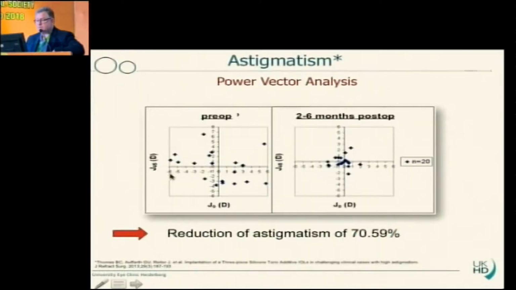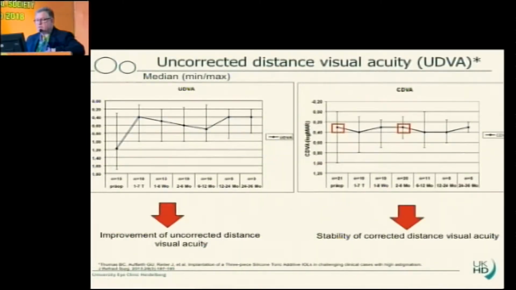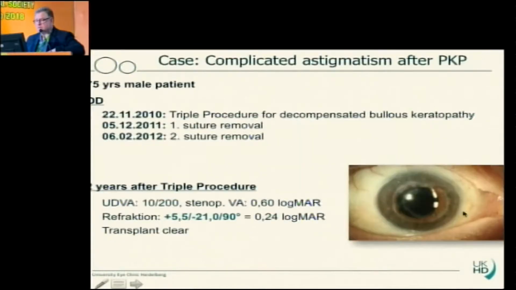And you can see already here, if you just look at the distribution, that in these complicated, even irregular astigmatic cases with an add-on lens, you can cut down almost 70 to 80% of the astigmatism looking at the vector analysis, and the visual acuity goes up and stays stable. We have a 24 to 36 months follow-up in this study, as you can see here.